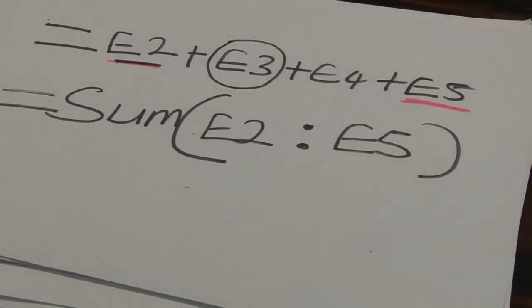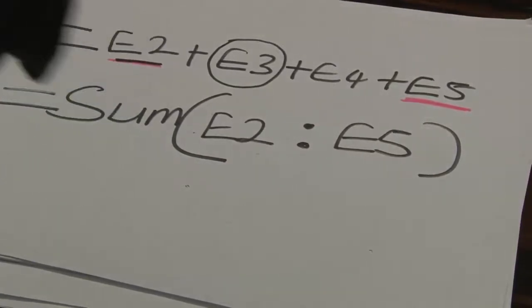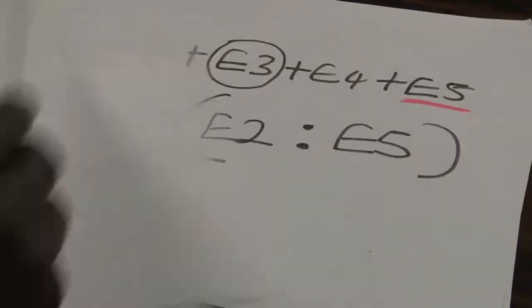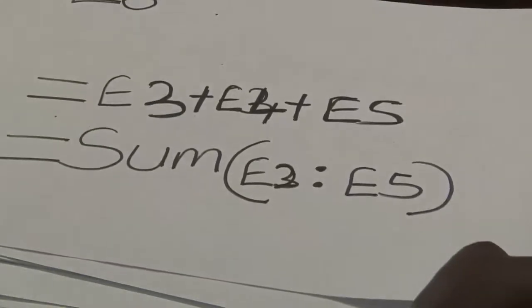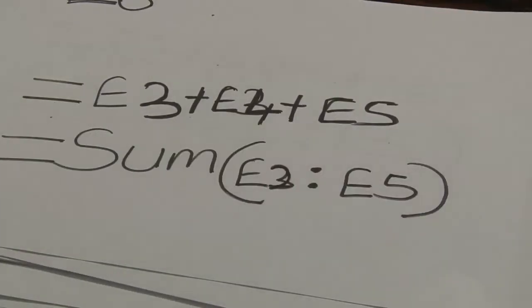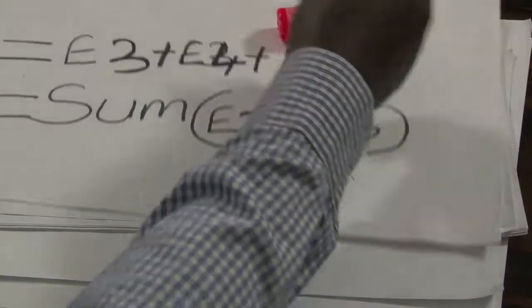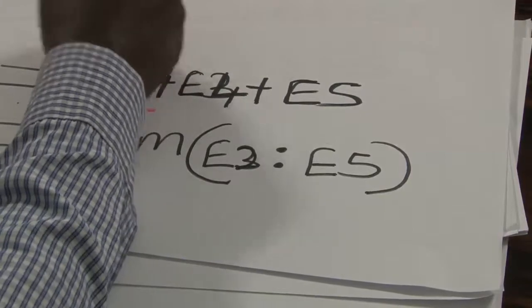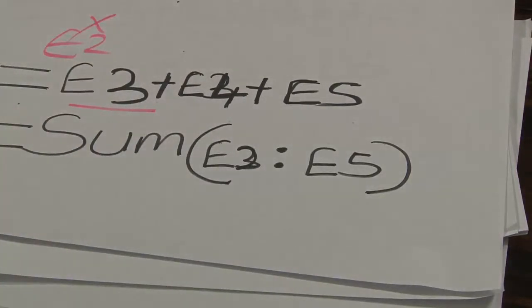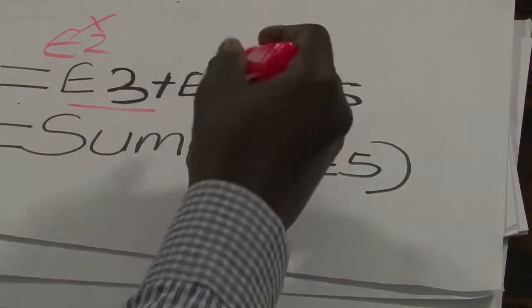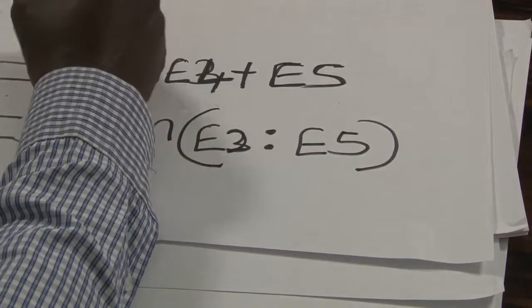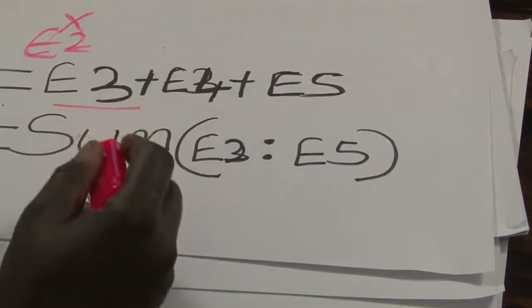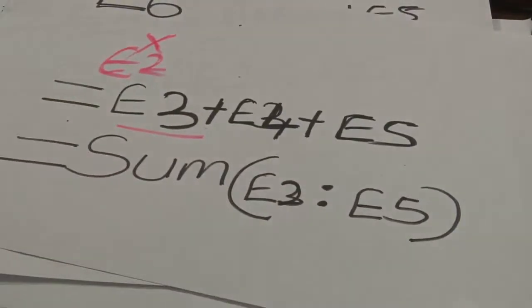The first paper that I wrote for you, let me bring it on board again. Did you notice here that I omitted E2 when I wrote the first one? E2 was missing. That is human being for you.